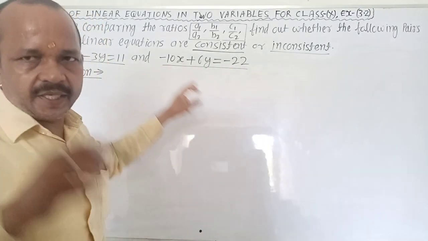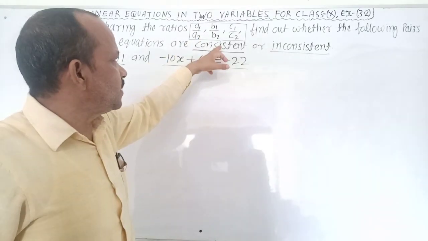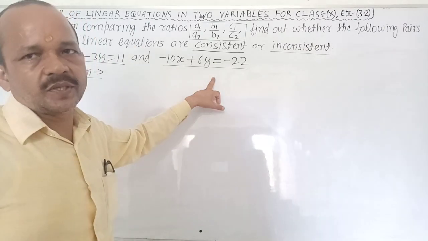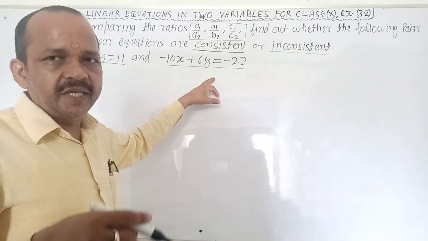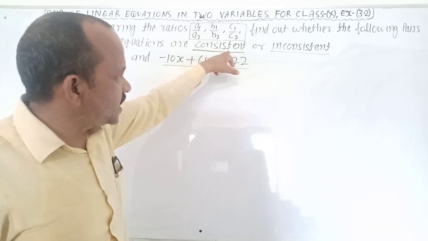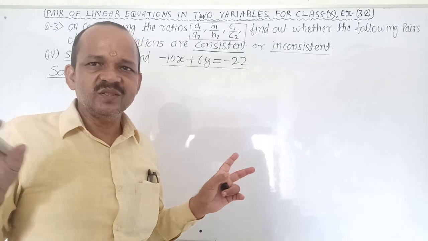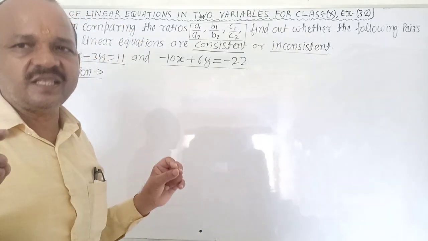It is the given equation. You compare a1 by a2, b1 by b2, c1 by c2 with the help of these equations, and you decide whether the given equations show a consistent system or an inconsistent system. It is clear, no confusion about it. Very good. It is very easy.